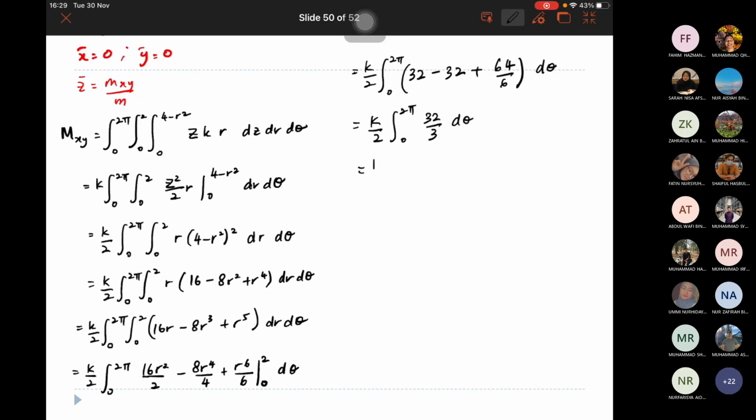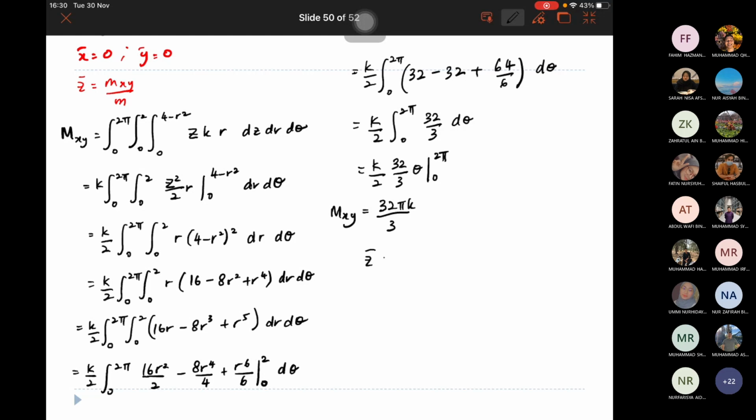So dapat K per 2, 32 per 3 theta, 0 sampai 2 pi. So dapat jawapan dia. For this one, awak akan dapat M. Dia akan sama dengan 32 pi K per 3. This is your MXY. Okay.